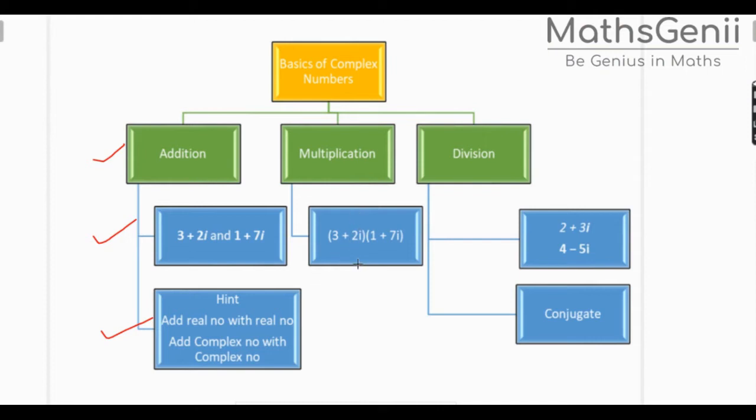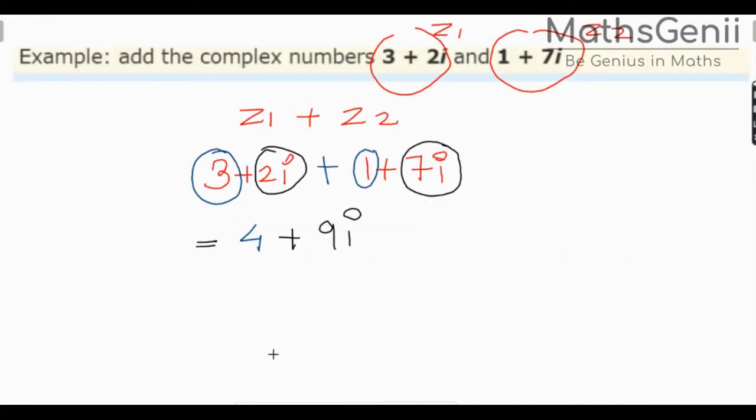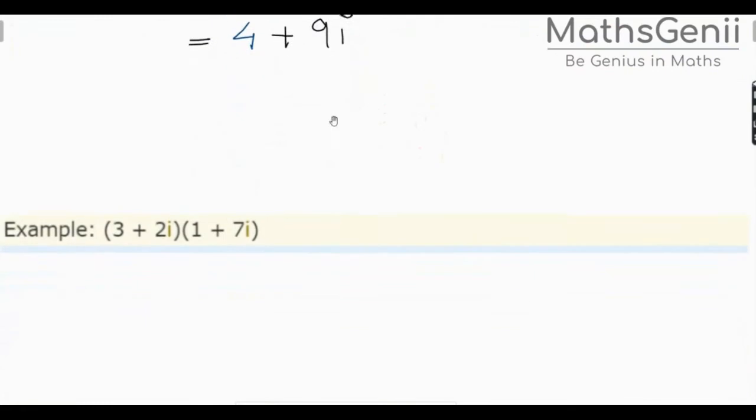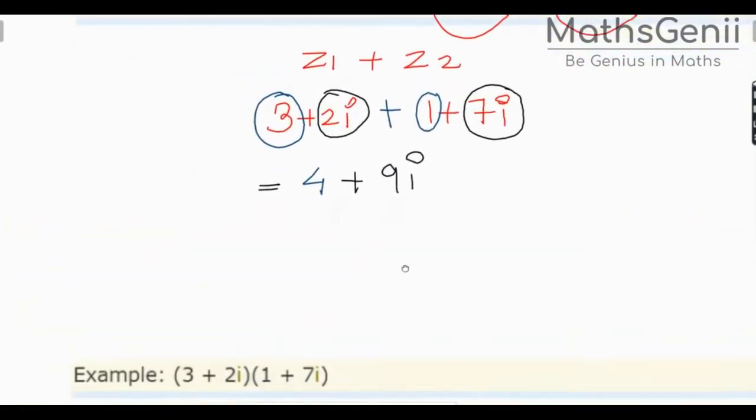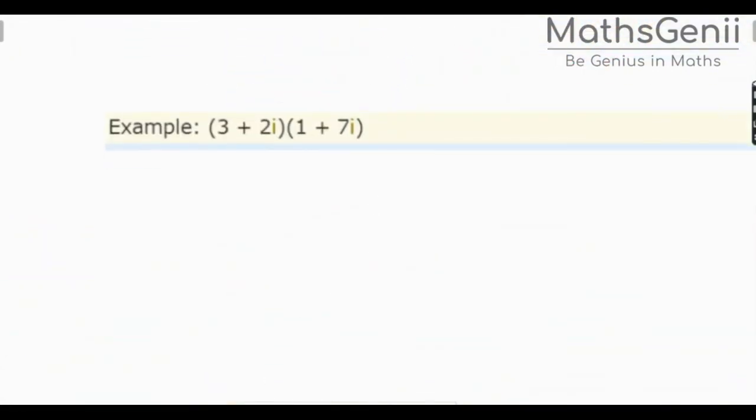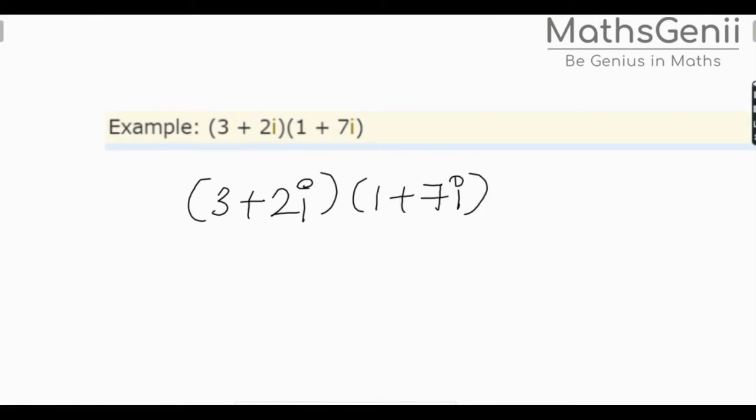Now let's look at multiplication. Let's look at how to multiply. Now we saw addition, now we'll be seeing multiplication. Again, very, very simple. As you multiply brackets in normal algebra, it's the same.